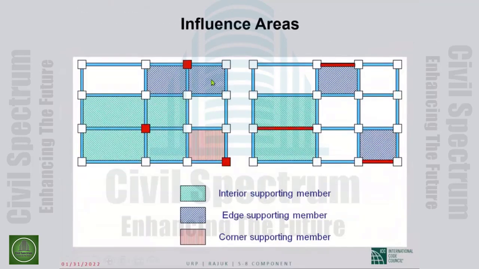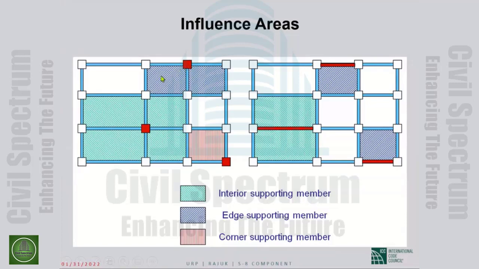Now, influence area is the entire area that influences the load on that column. This is not tributary area. Tributary area is the area that contributes load to the column, directly supported by the column. Influence area is the area that influences the load on that column.